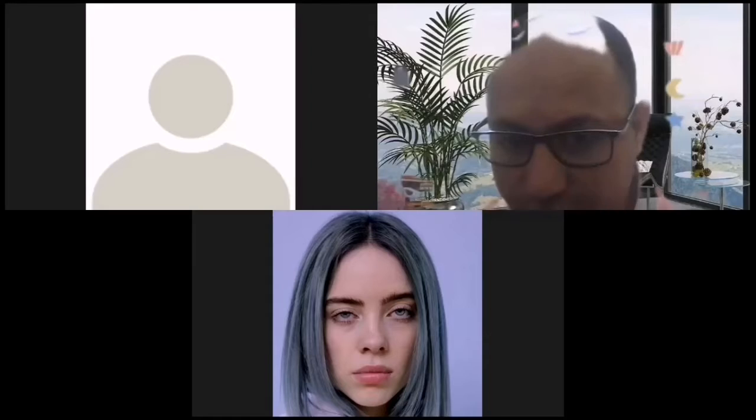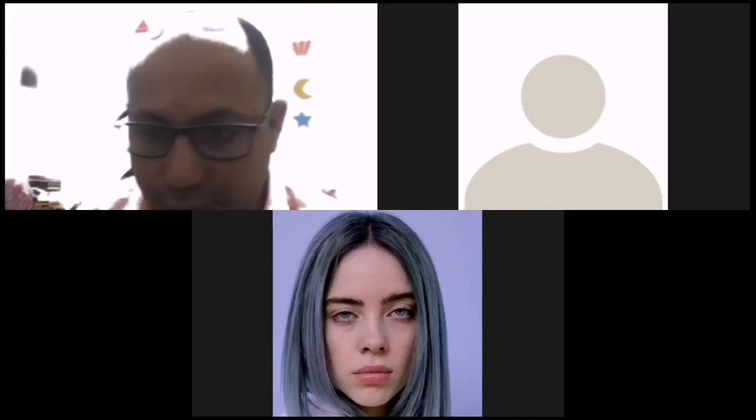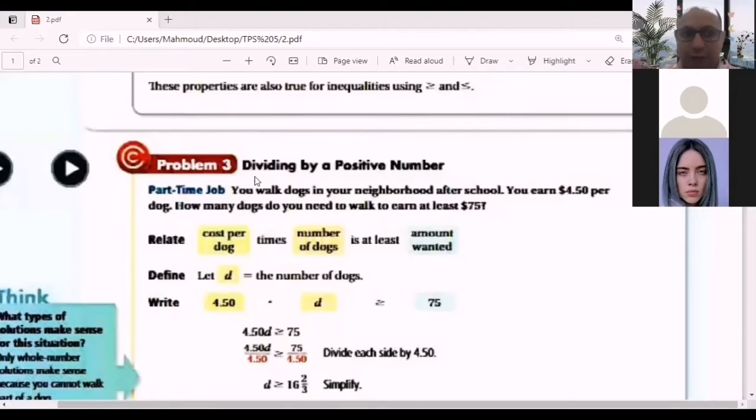Can you read problem number 3 to discover how we can solve it?